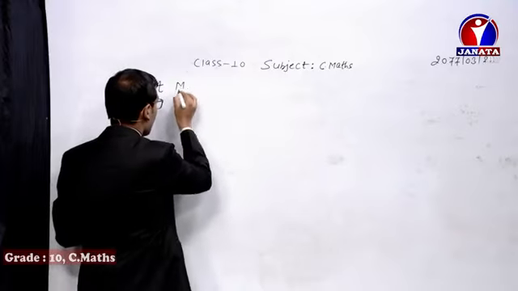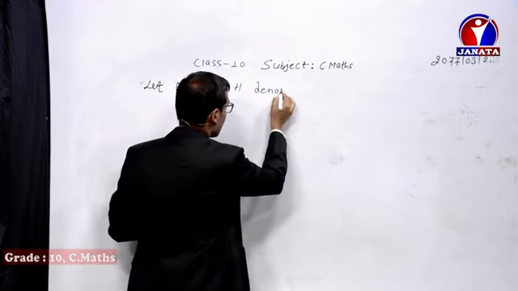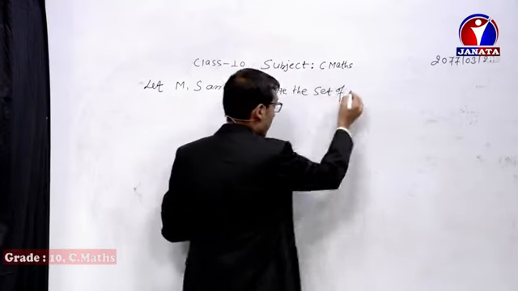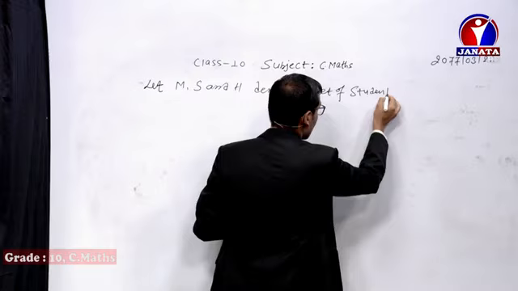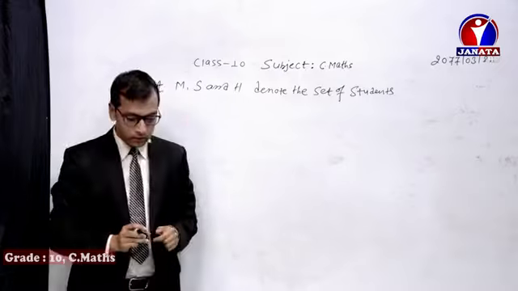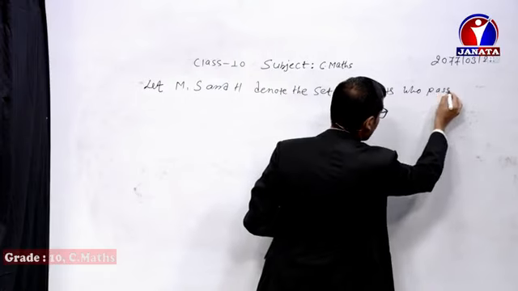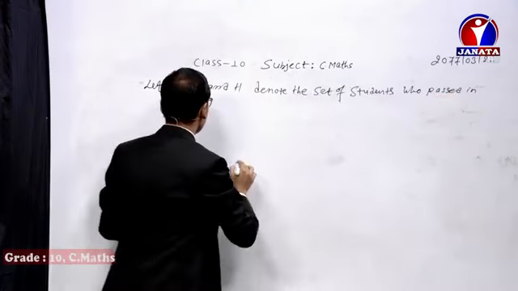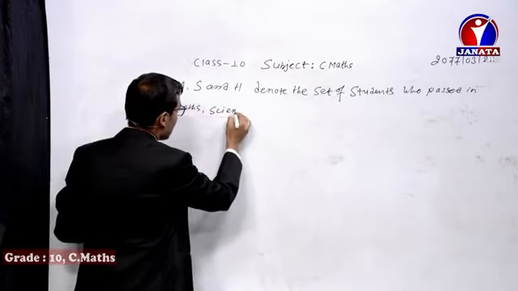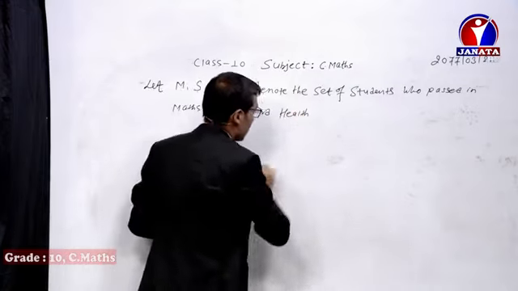Let M, S, and H denote the set of students who passed in maths, science, and health, respectively.